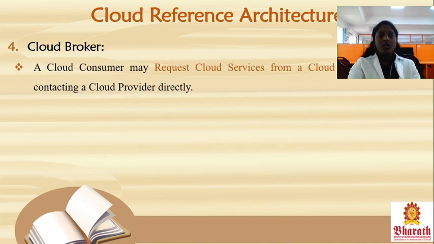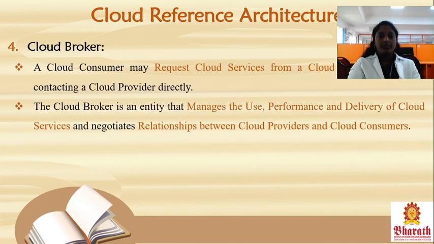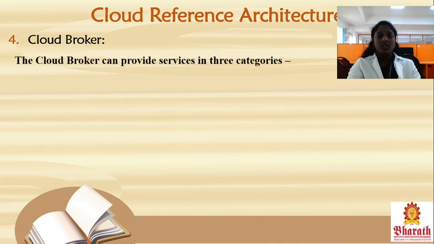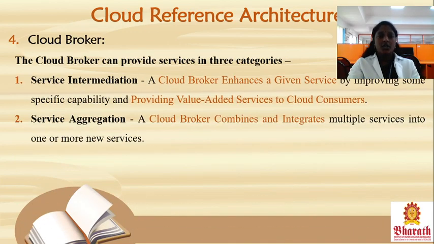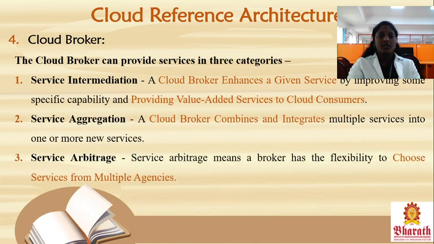And the cloud broker: the cloud consumer may request cloud services from a cloud broker instead of contacting the cloud provider directly. A cloud broker is an entity that manages the use, performance, and delivery of cloud services and negotiates relationships between cloud providers and cloud consumers. There are three categories of cloud brokers: service intermediation, service aggregation, and service arbitrage.